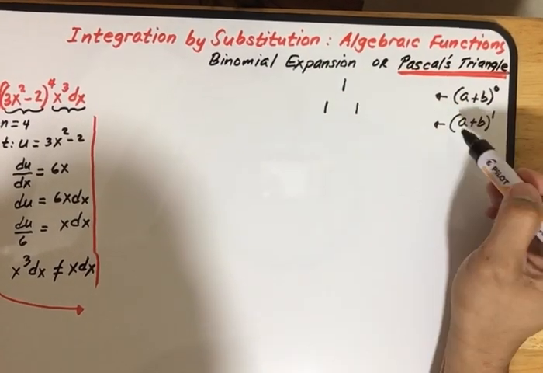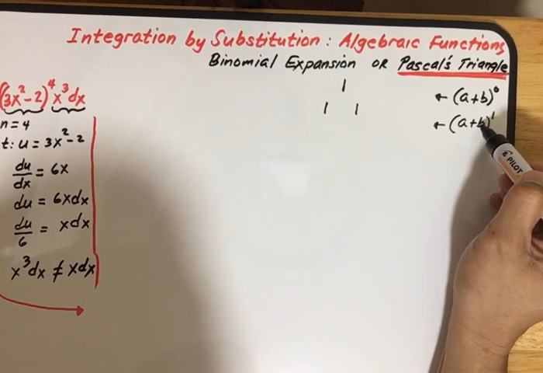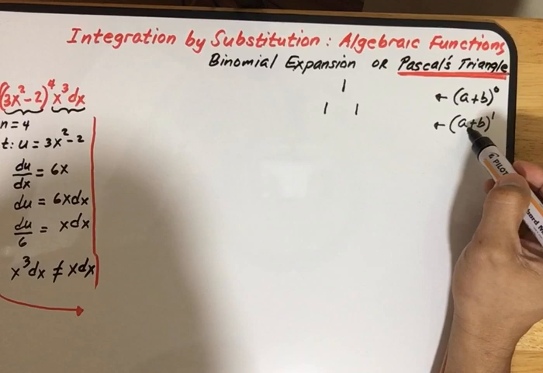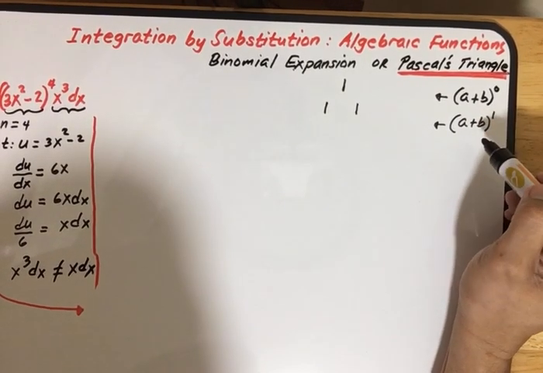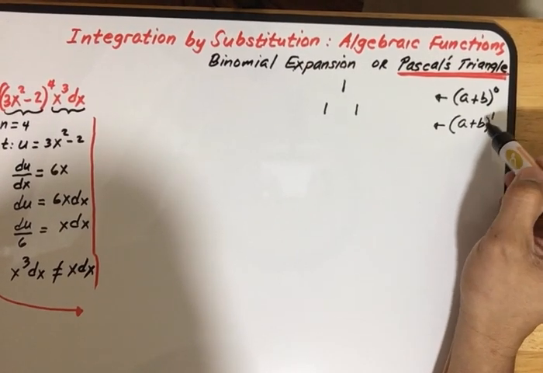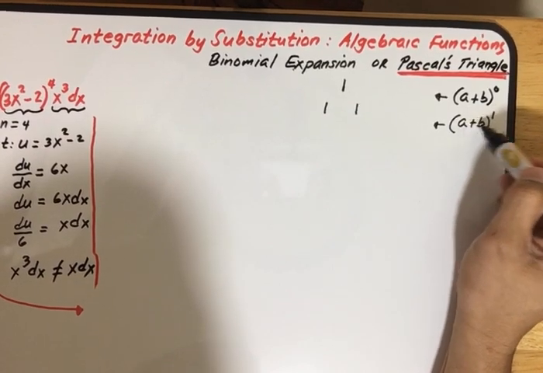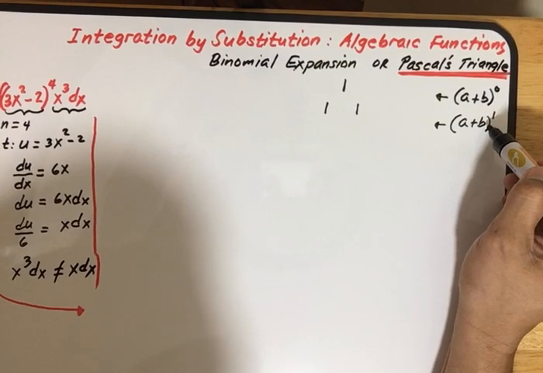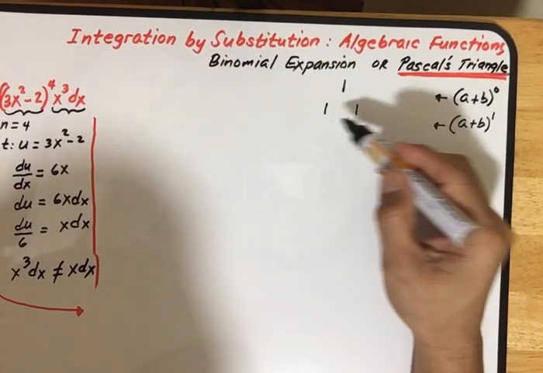This one corresponds to the coefficient of a, and this one is the coefficient of b. We know that any number or expression raised to 1 is the same number. So if you raise the binomial to 1, you just obtain a plus b, where the coefficient is 1 for a and 1 for b, and we write it here.